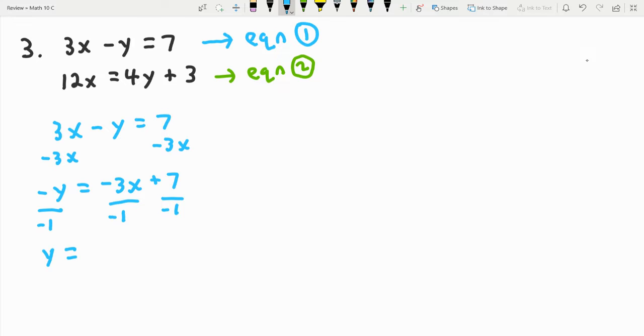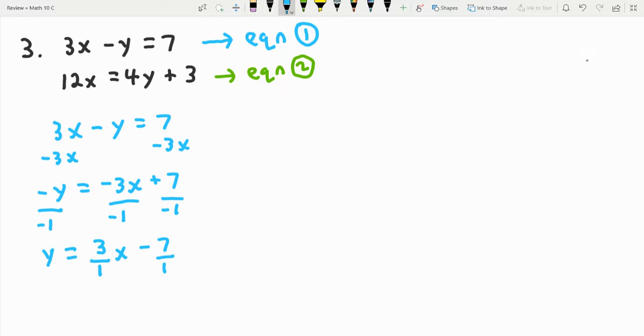Now negative 3 divided by negative 1, because two negatives become a positive, should get me 3 over 1 x. And then because of the negative 1, 7 divided by negative 1, I would actually move the negative up. So this can be written as minus 7 over 1.